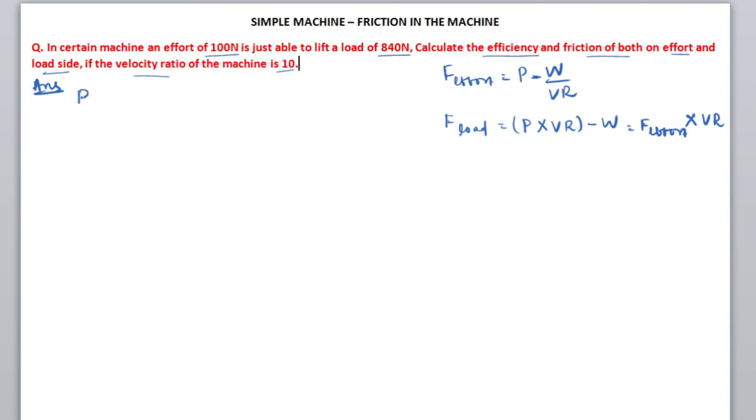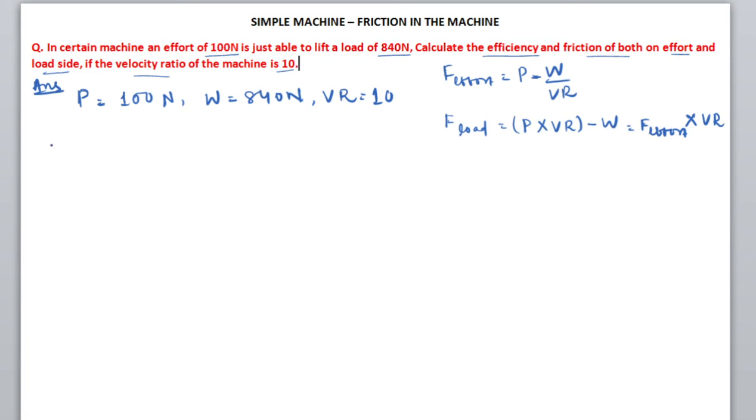First data is the effort. We always mention effort as P, 100 Newton. Load that is lifted is 840. You always consider load as W. Then the velocity ratio of the machine is given to be 10, and velocity ratio has no unit.